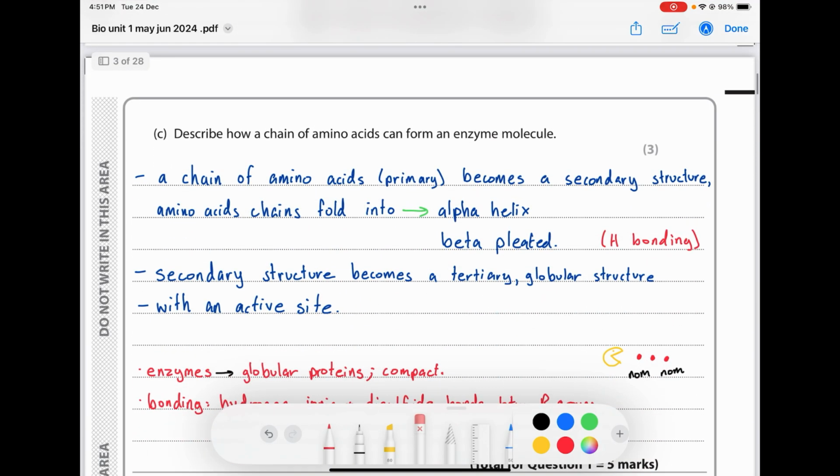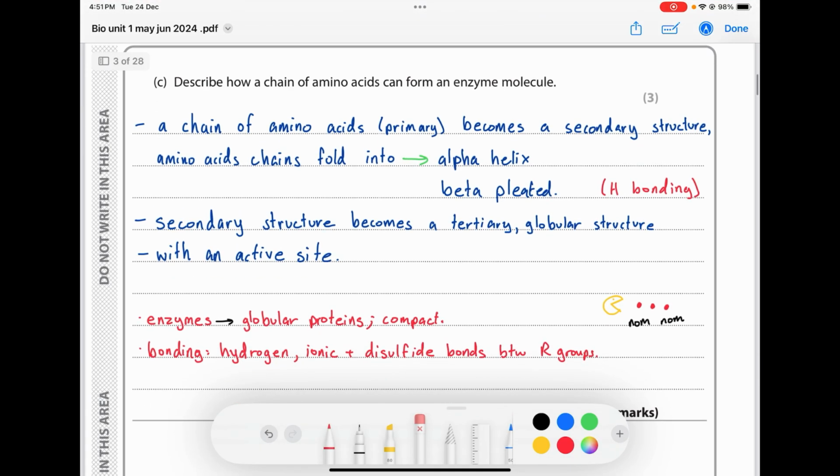Moving on to C. Describe how a chain of amino acids can form an enzyme molecule. A chain of amino acids, which is the primary structure of a protein, becomes a secondary structure.